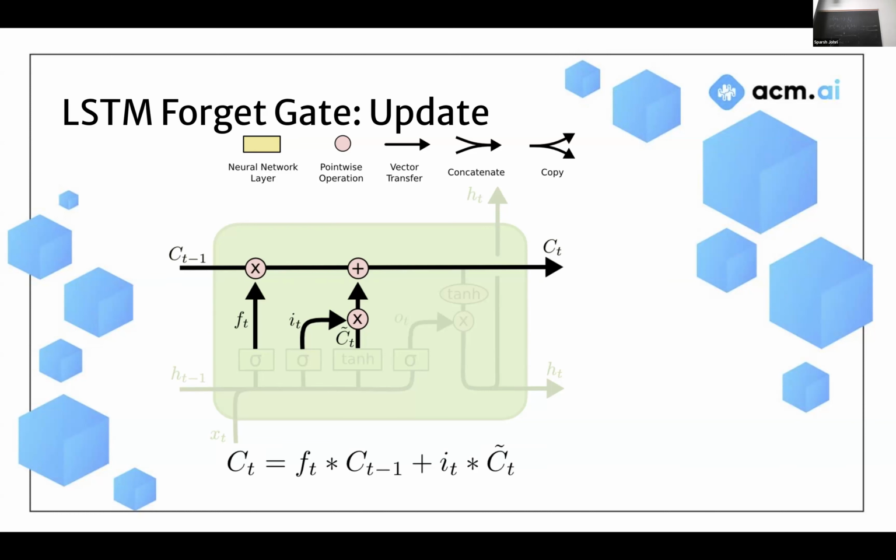Sorry, but in your forget gate you actually had some information, which is the previous hidden layer, which gives the value to you. Why do we here also need the cell state?